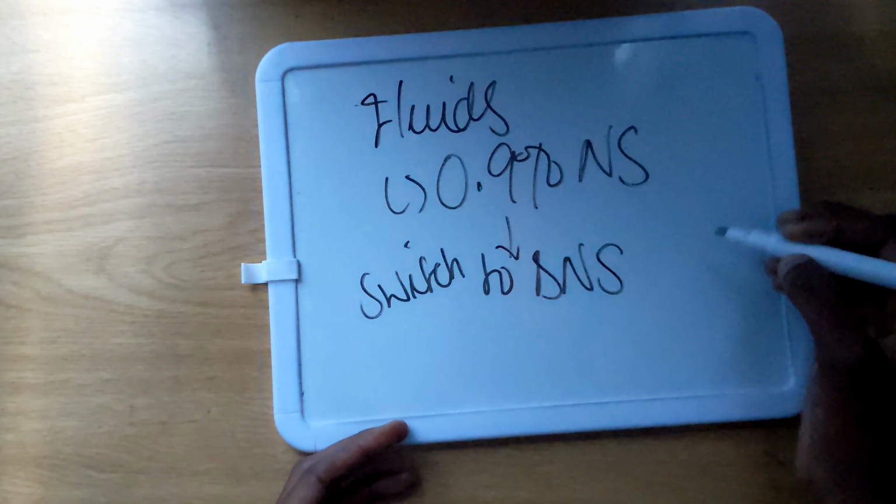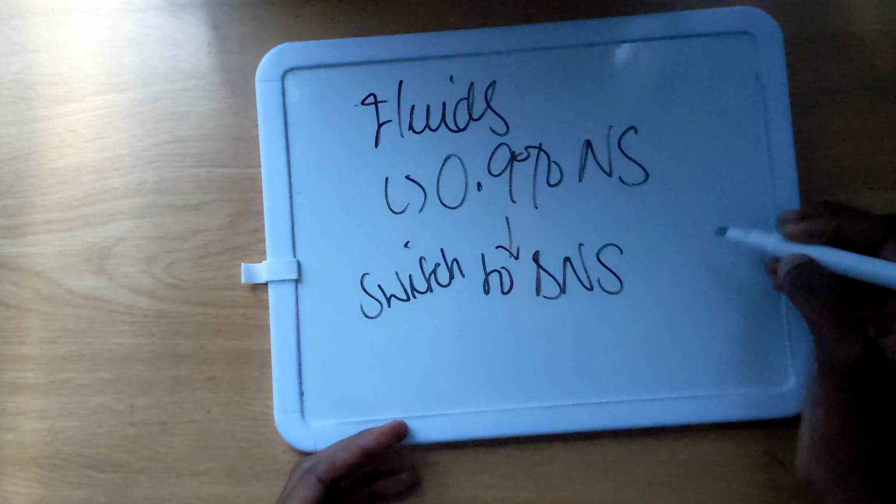So that's something you should take note of, that when you're dealing with the potassium, which is potassium chloride, you give 10 to 20 millimoles. This 10 to 20 millimoles is placed in the 500 mils of normal saline in the first 24 hours. But then there are contraindications for this potassium chloride.